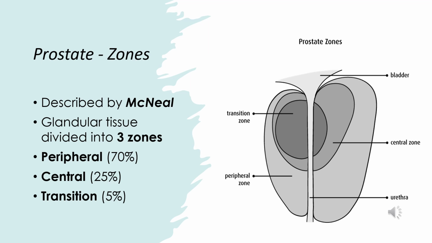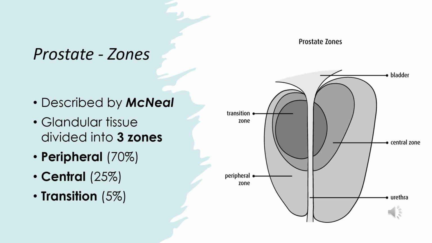The central zone occupies around 25% and surrounds the ejaculatory duct, and embryologically it is derived from the mesonephric duct. And the transitional zone constitutes about 5% and it surrounds the urethra, and embryologically it is derived from the urogenital sinus, and this transitional zone is located centrally.